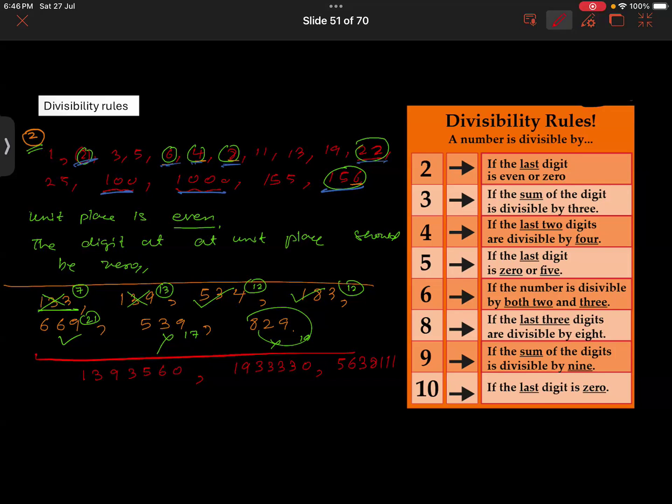Yes, Habib. 27 for the first number. So the complete number should be divisible, right? Yes. Okay, very good. What about the next number?